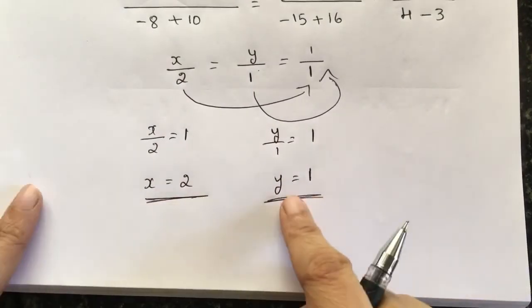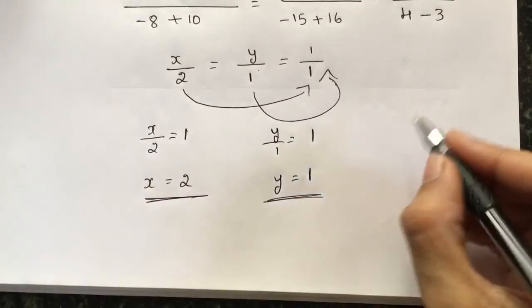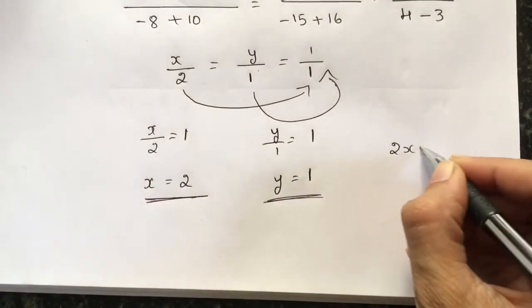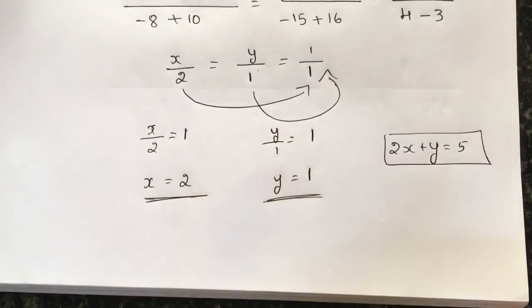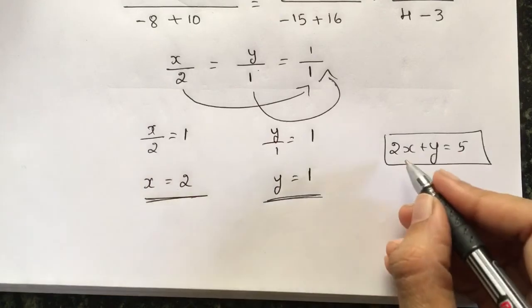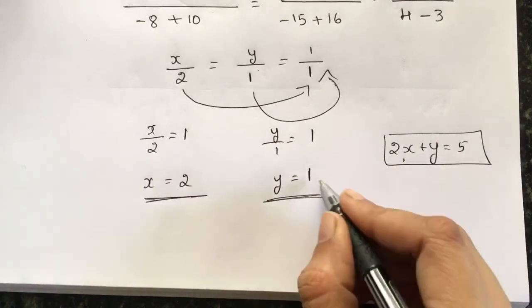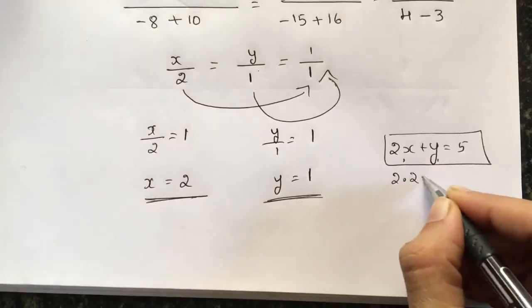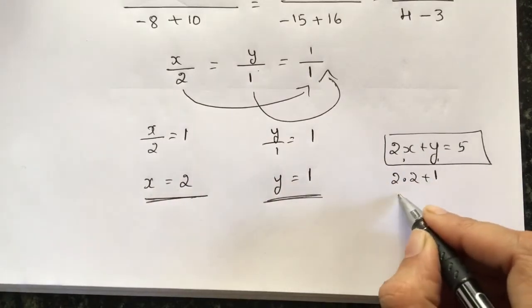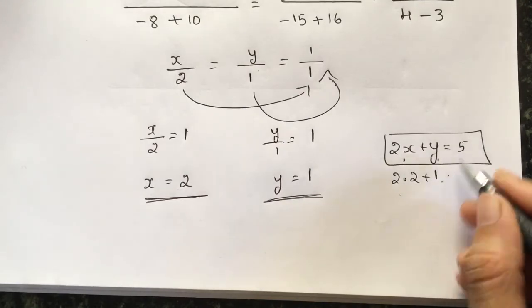Remember one thing, once you get the values of x and y, just check with any one of the equations. This was the given equation, right? You got the value of x as 2. Just substitute the value of y here. 2 into 2 plus 1, 4 plus 1 equal to 5.